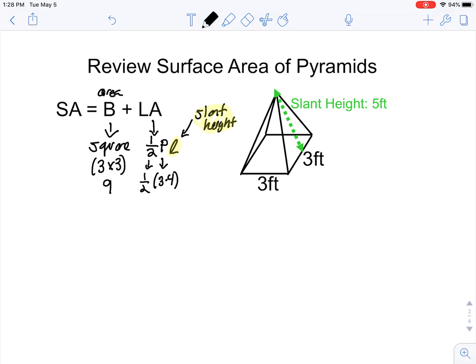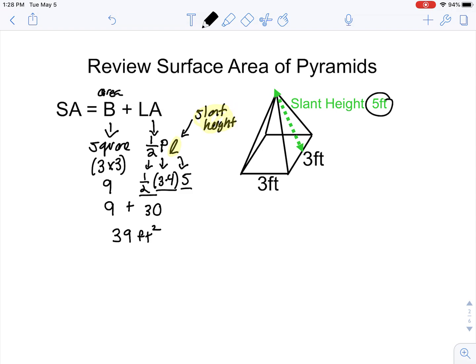We'll be multiplying by 1/2, and our slant height, which is given, is 5 feet. So 3 times 4 is 12, half of 12 is 6, and 6 times 5 is 30. Our lateral area is 30, the area of our base is 9, and the total surface area is 39 feet squared.